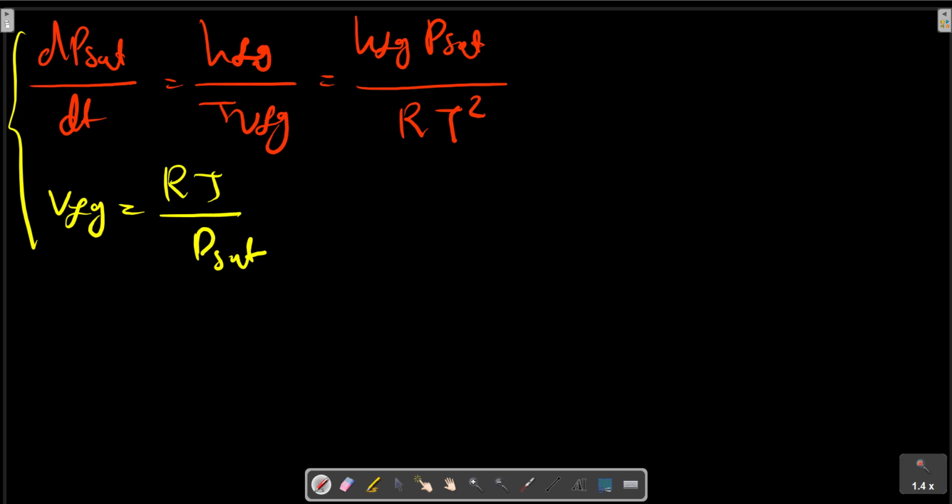At low temperature, not near the critical temperature, hfg does not change very much with temperature. If it is assumed to be constant, the equation can be rearranged and integrated over a range of temperature to calculate the saturation pressure at a temperature which is not known.